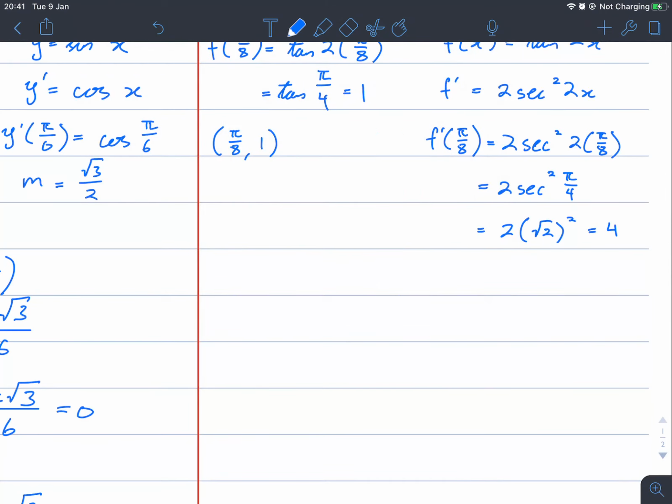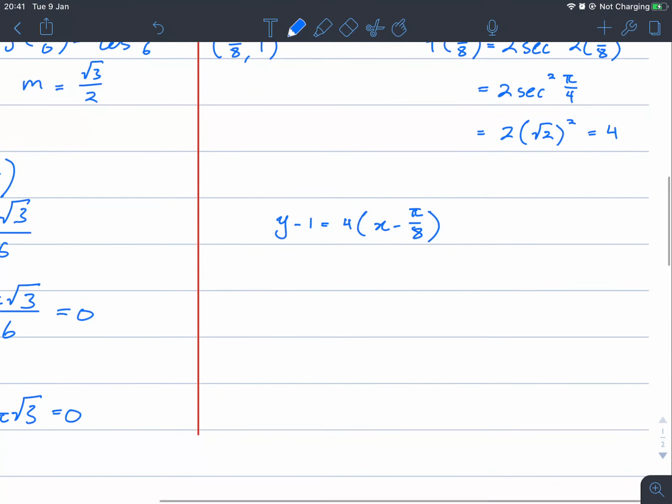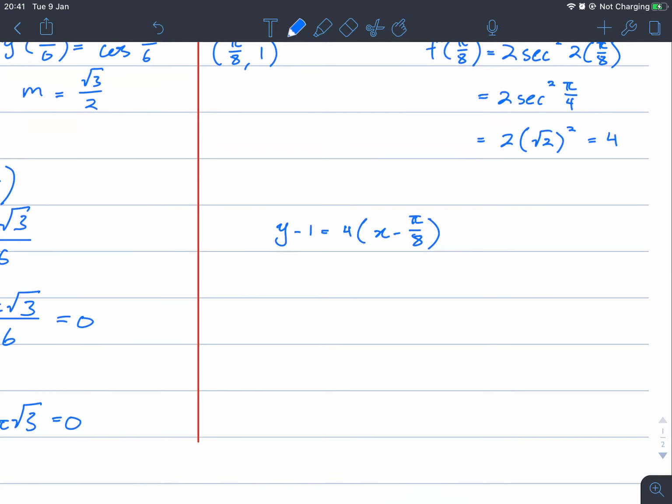Substitute this into our equation. Y minus 1 equals 4 bracket x minus pi on 8. For this one, since I think it's easier if we just use the gradient intercept form, let's expand this one first.